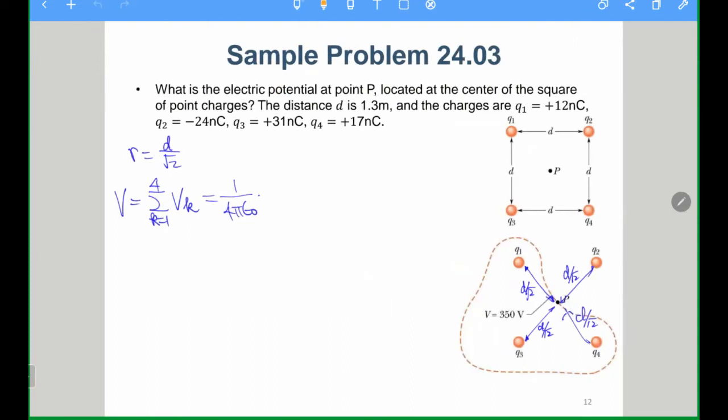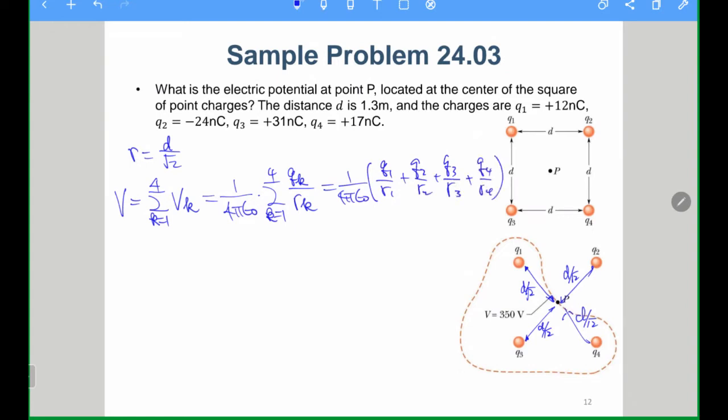Okay, so here we have a summation of q_k over r_k, where k is from 1 to 4. So you can write it as 1 over 4 pi epsilon naught times q1 over r1 plus q2 over r2 plus q3 over r3 plus q4 over r4.